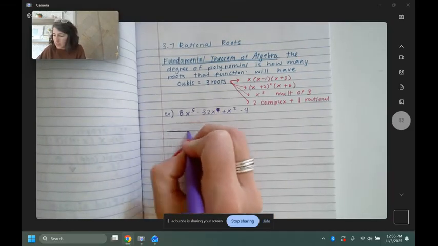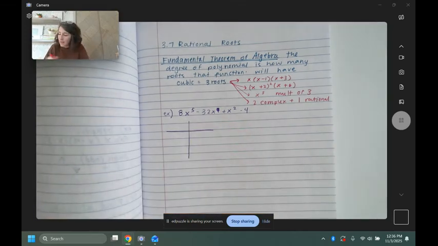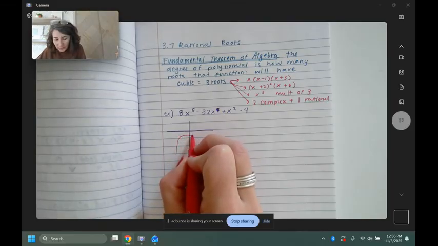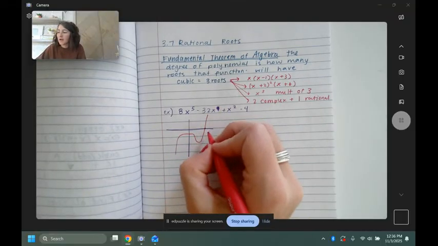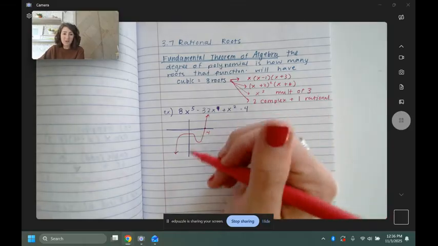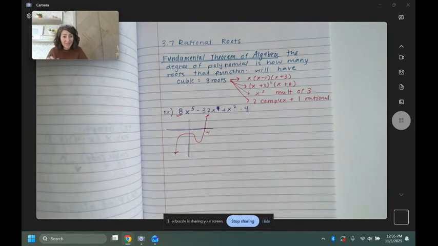It has this shape where it's going to come up and over and then jump up. I know because it's an odd function, it's going to be going in opposite directions. I know because my leading coefficient is positive, it's headed up as I go to the right. So how to calculate all of your possible roots?